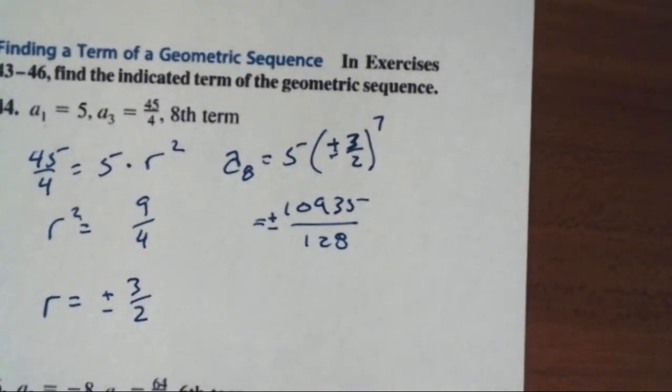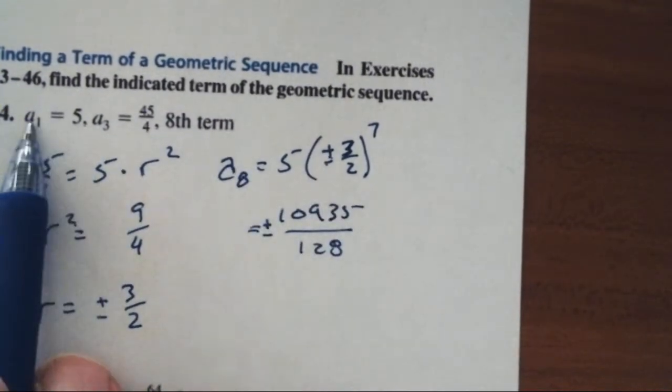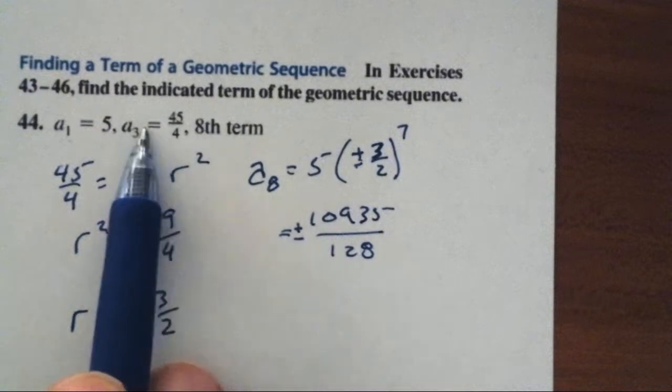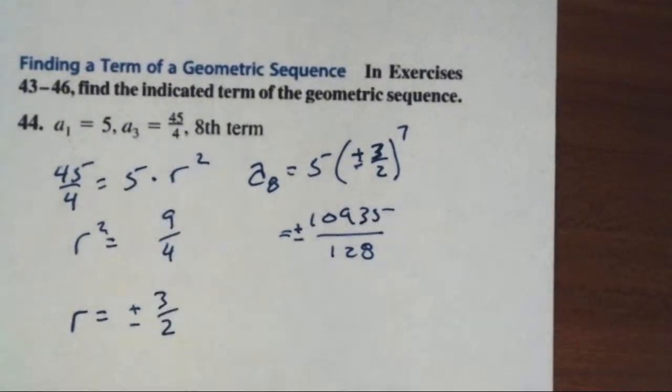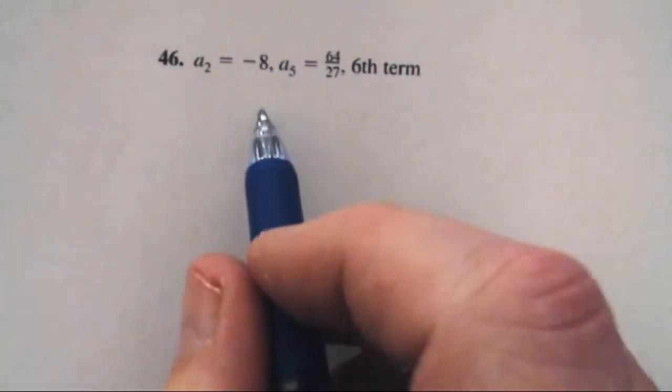Plus or minus on that. You have to trust your algebra. I know all of my odd terms are going to be positive, but my even ones could be positive or negative. Each term could be positive or negative. Okay, let's go from here.